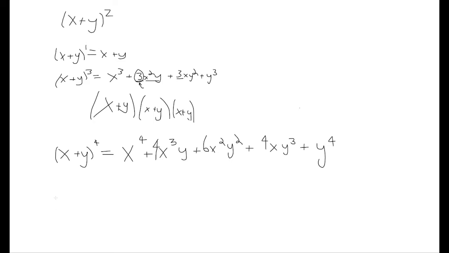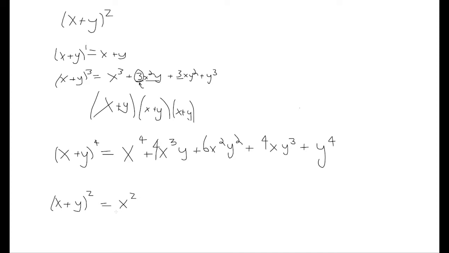Okay, so x plus y to some power z will equal, what will it look like? Well, it will look like x to the z. Just like x plus y to the 4th will produce an x to the 4th, x plus y to the z to any power will produce an x to the z. And how many of those will there be?